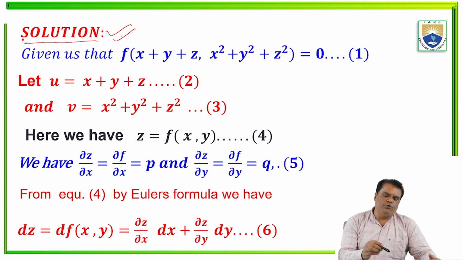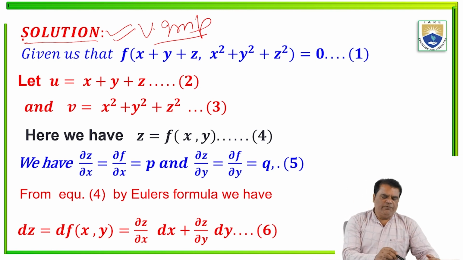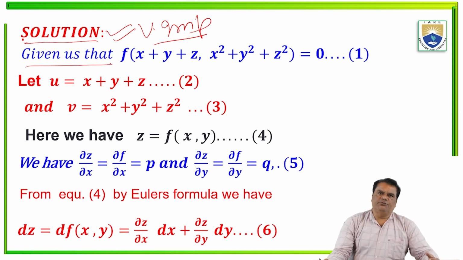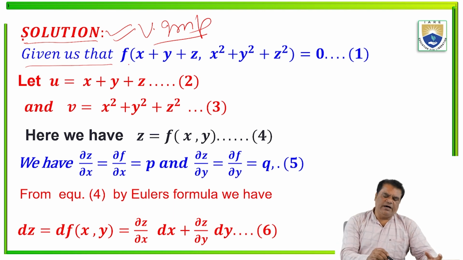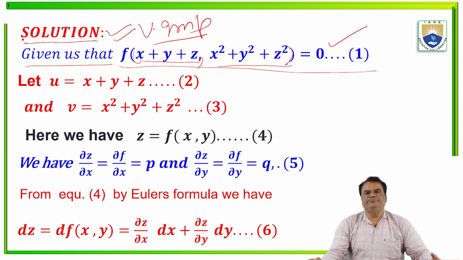This is a very important and very interesting question. In our question, a function or relation is given: f of x plus y plus z, comma, x square plus y square plus z square, equal to 0.